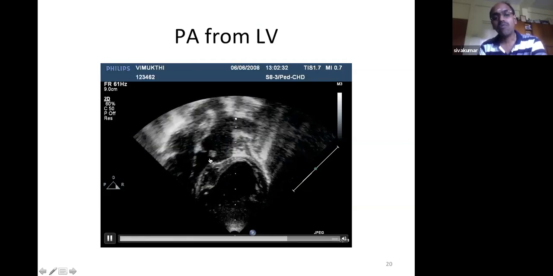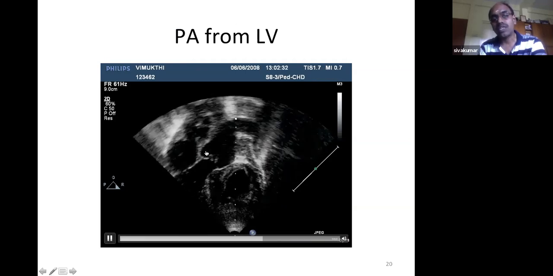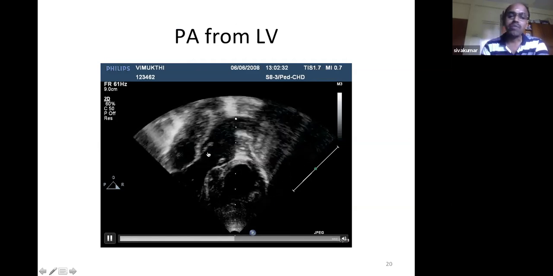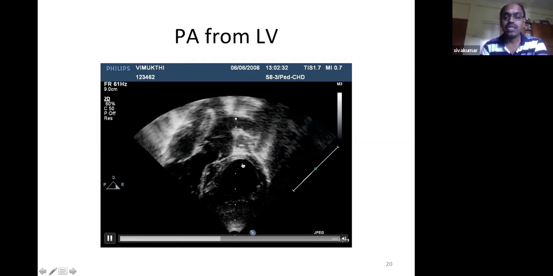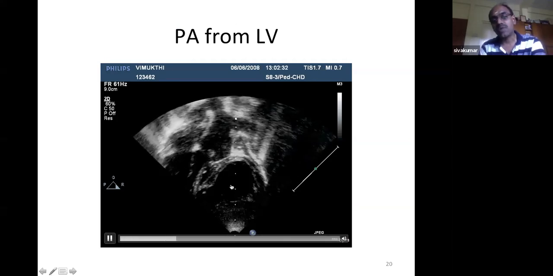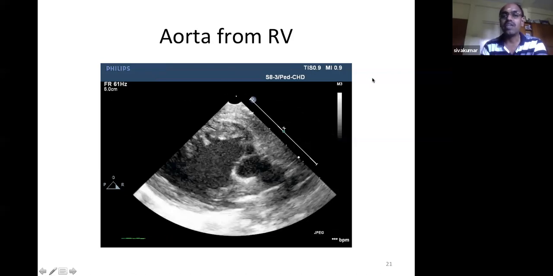A close-up view will show the mitral pulmonary fibrous continuity. The pulmonary valve is wedged into the mitral tricuspid orifice, and the right ventricle does not give off a great artery in a posterior plane. It gives off at a very, very anterior plane.